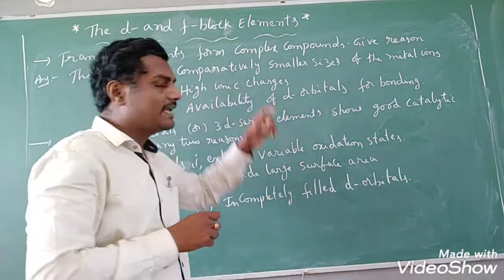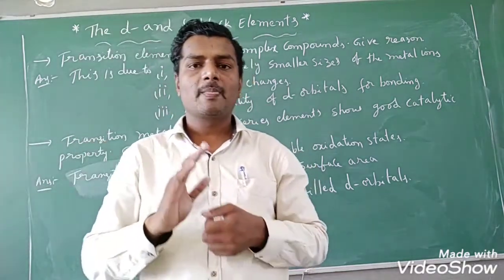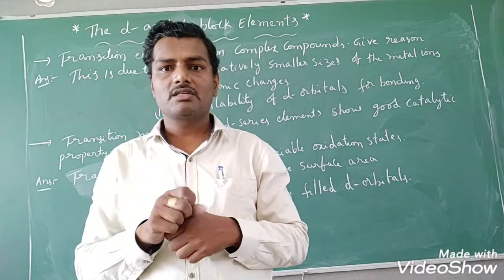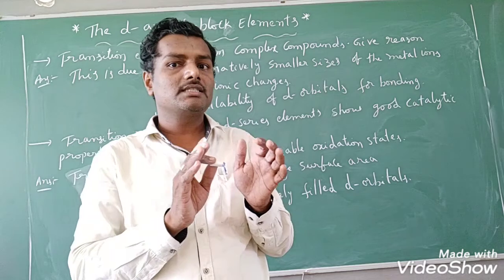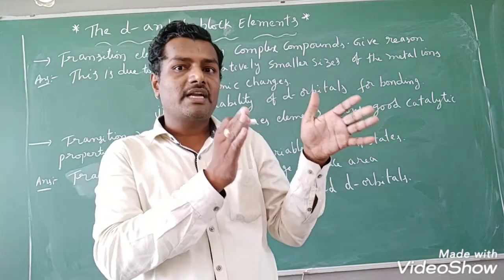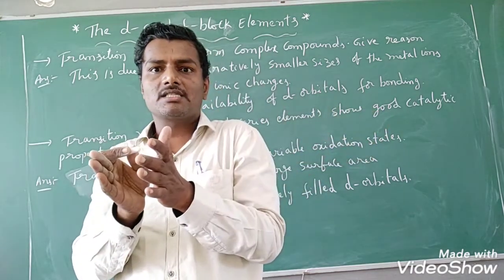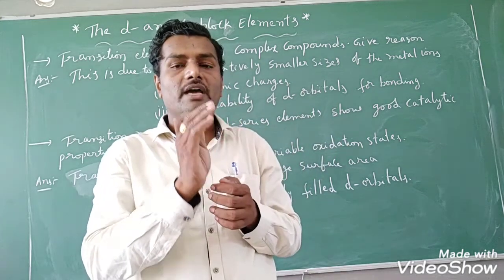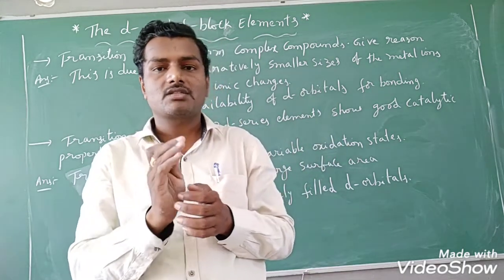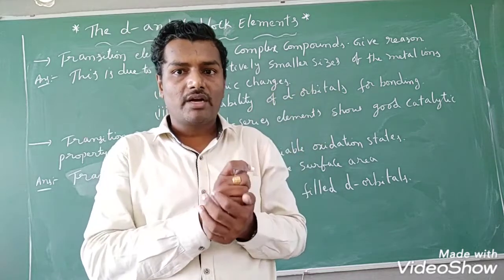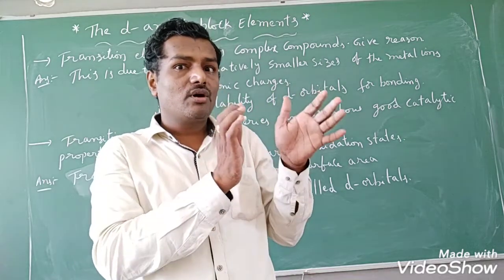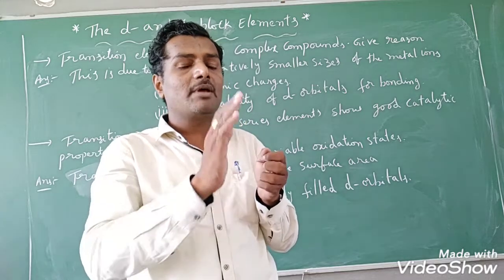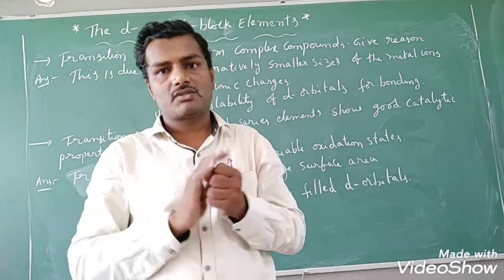And one more reason is high ionic charges. That means, due to the presence of incompletely filled d orbitals, there is an involvement of (n-1)d orbitals and ns orbitals in metallic bonding, right? So due to the involvement of (n-1)d orbitals and ns electrons, they show high ionic charges, meaning they show variable oxidation states.